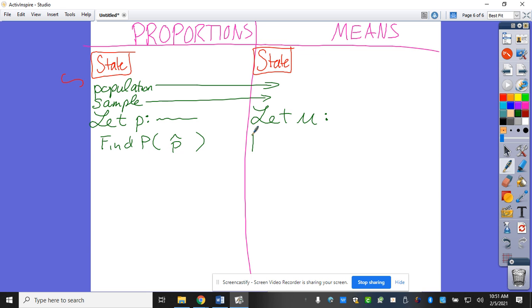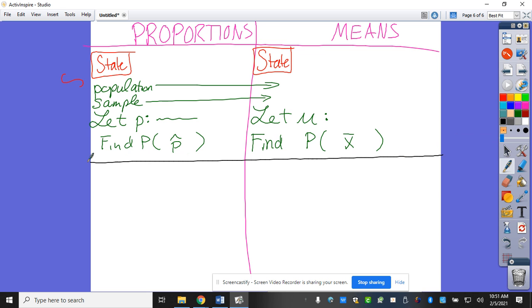Instead over here, we're changing what? It's in terms of x bar. So that gets us through state.